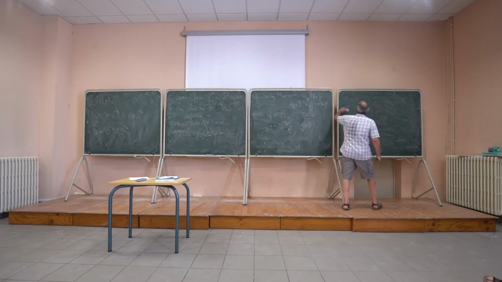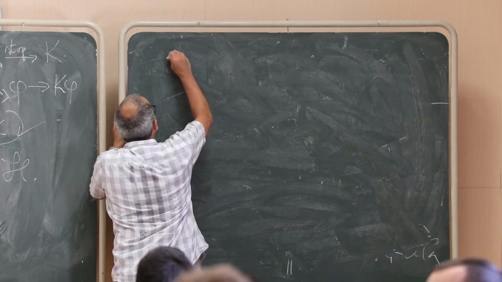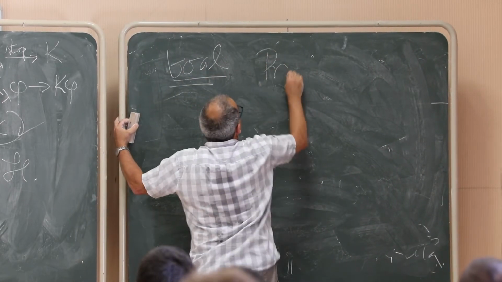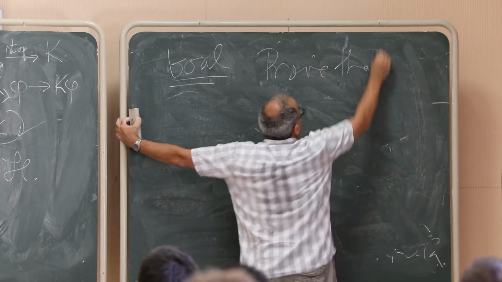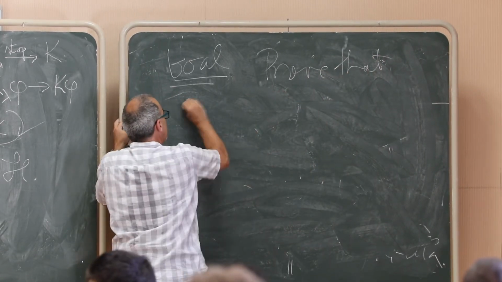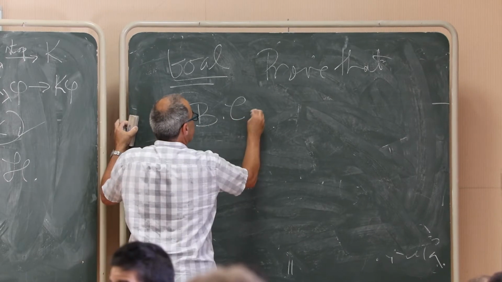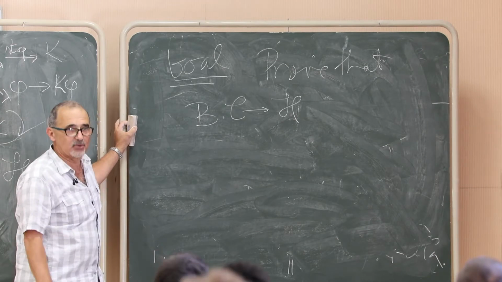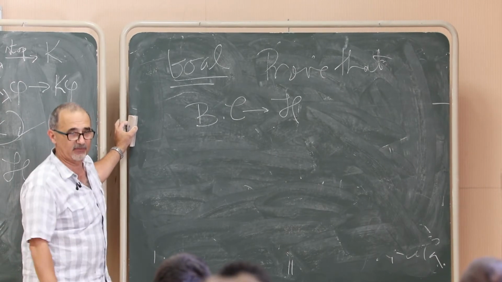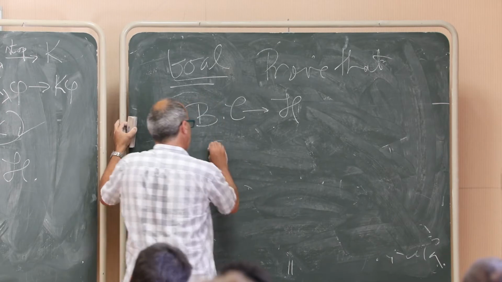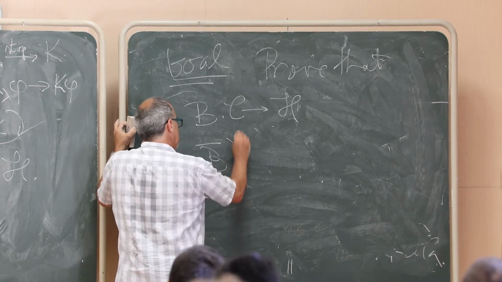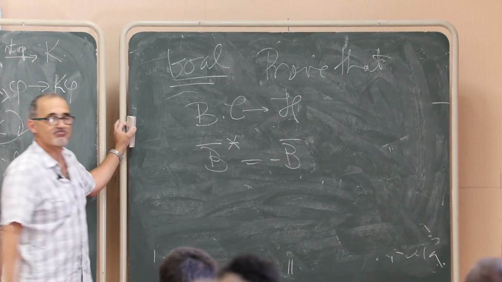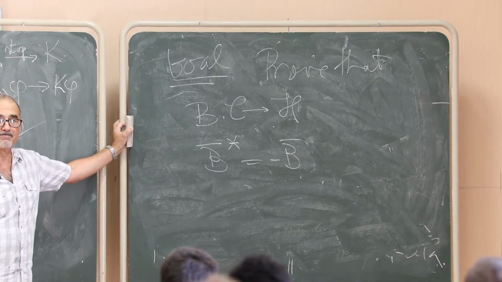The point is the following: the goal, prove that B defined on C is essentially skew self-adjoint, so that its closure is skew self-adjoint. So the closure of B is equal to minus D. Right?